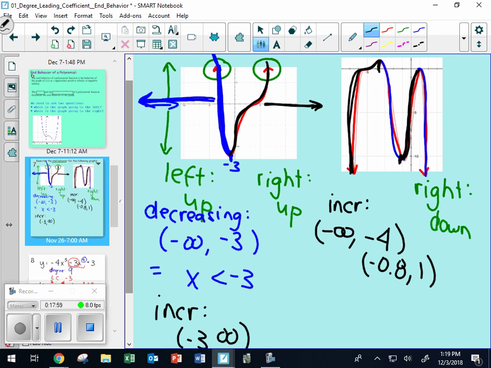And notice we have two different intervals for increasing. If you have two different intervals, in between your intervals you have to write the "and," because it's this interval here and this interval here.